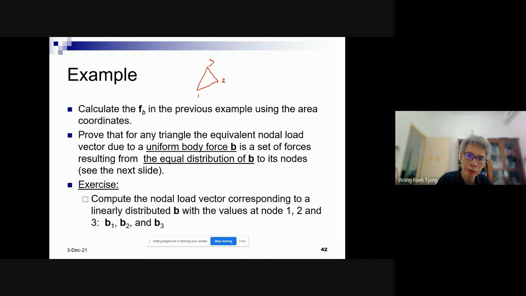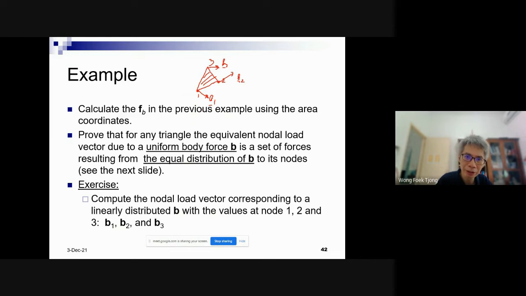The body force vector at node 1 is given, for example, as B1. At node 2, B2, okay? At node 3 it can be different, B3. And this is a linear distribution, so the distribution of the body force within the element is linear.